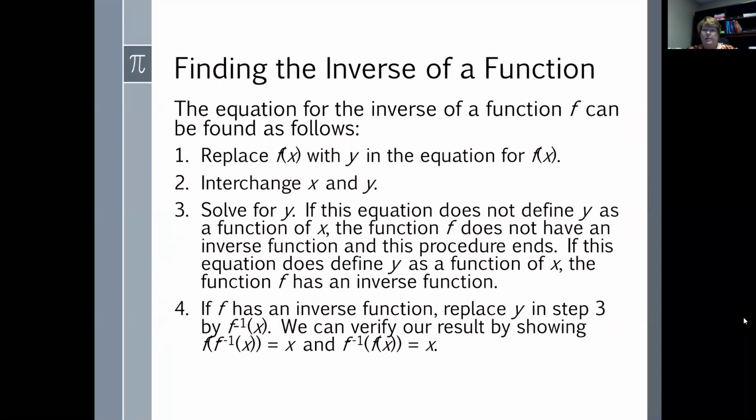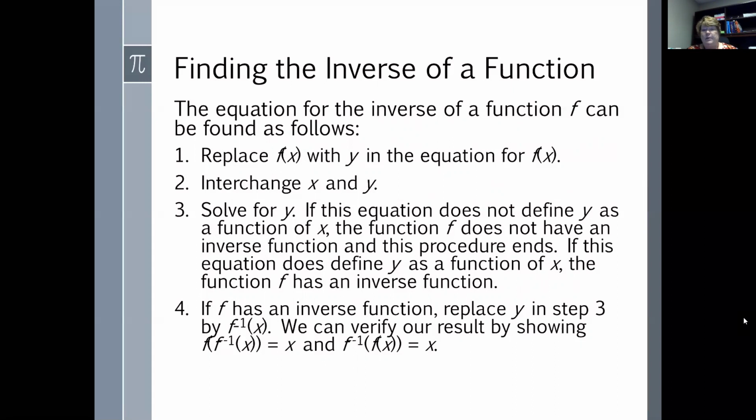If this equation does not define y as a function of x, the function f does not have an inverse function, and this procedure ends. So when you solve for y and that is not a function, then the inverse is not a function, and you can stop. If this equation does define y as a function of x, the function f has an inverse function.